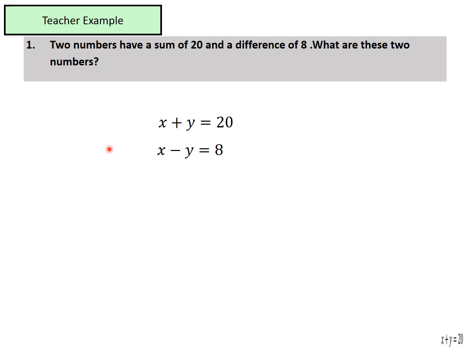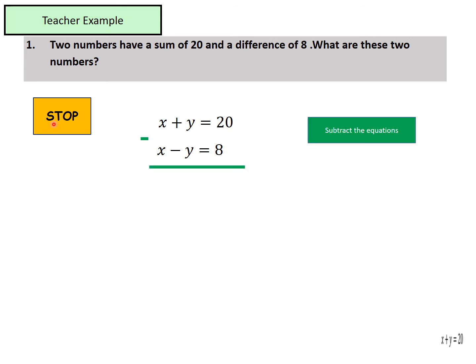So let's begin to solve those equations. We're going to start with putting the word stop. Our target would be x, or you can pick y as a target. It doesn't matter, so I'm just going to focus on x. Are my x's the same? Yes, so I'm going to take them away. x minus x gives you 0x, or nothing.